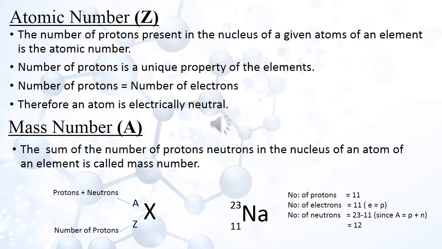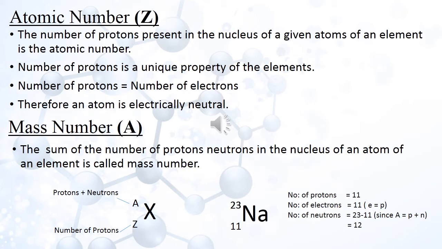It will be electrically neutral. Why? Here protons are positively charged, electrons are negatively charged, and the positive and negative are equal. At that time, an atom is electrically neutral.